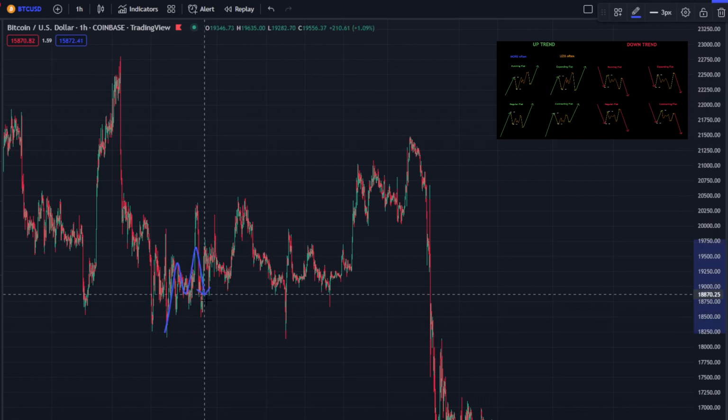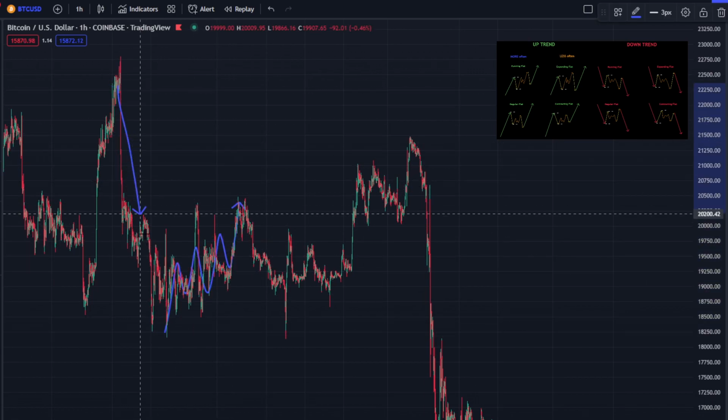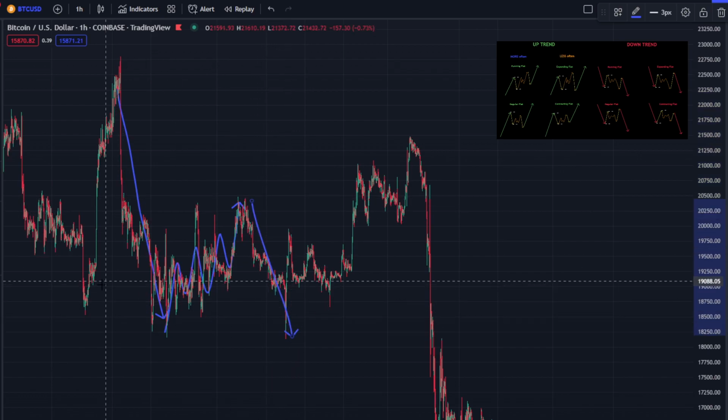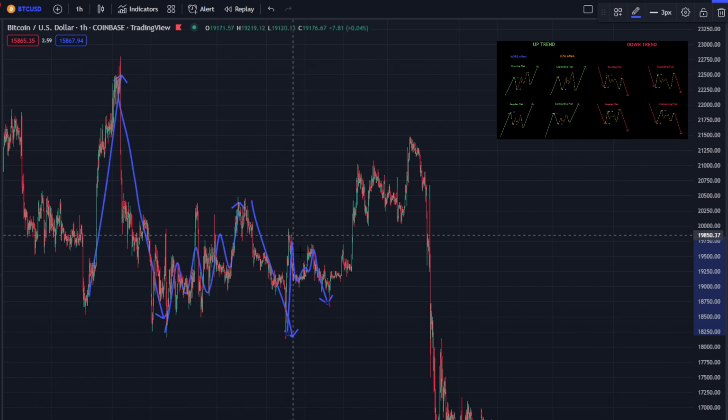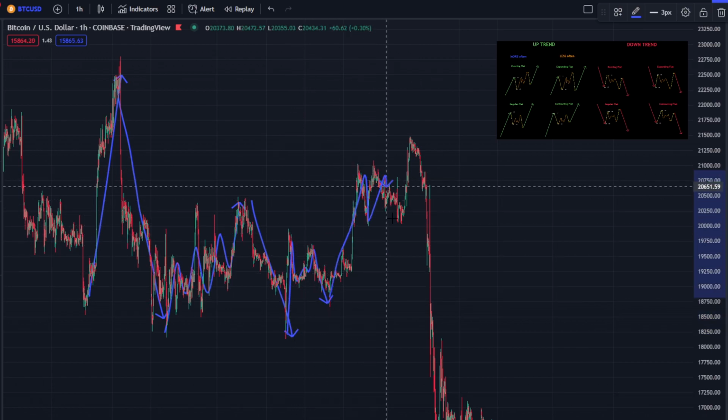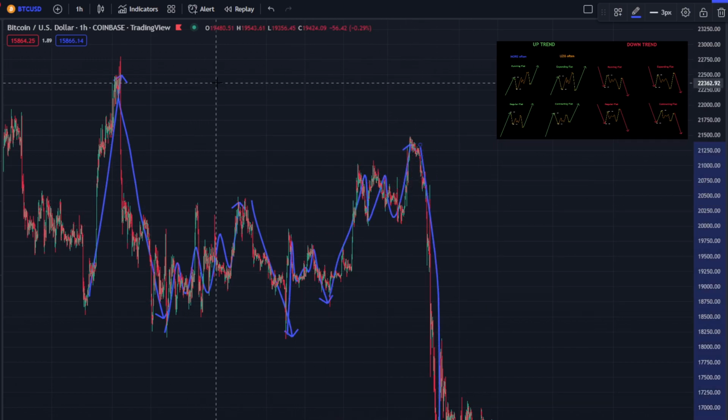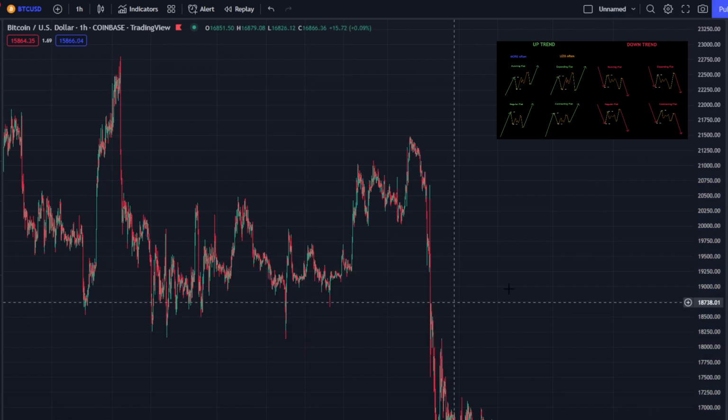It just goes simple. This was a simple correction. This was a down move, simple down move, up move. This up move had a lot of small correction in it, but still it went down like it usually was supposed to.